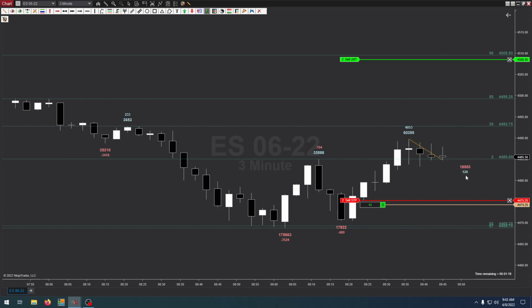Still have a positive volume delta here. The buyers are really trying to take control of this. They're just having a difficult time.